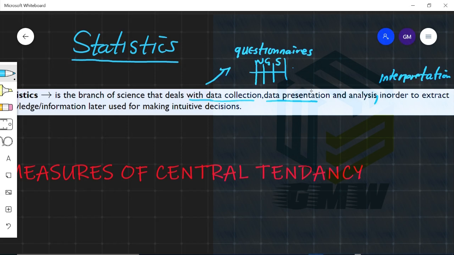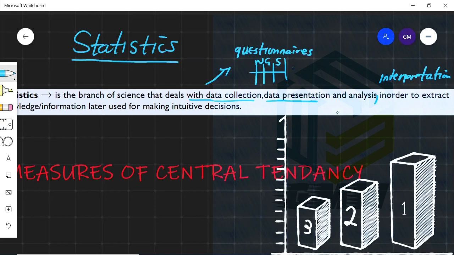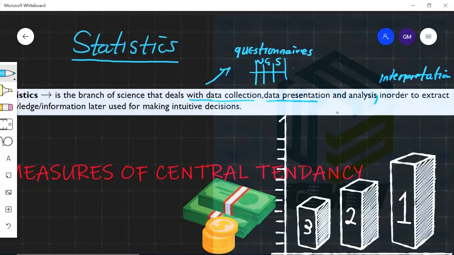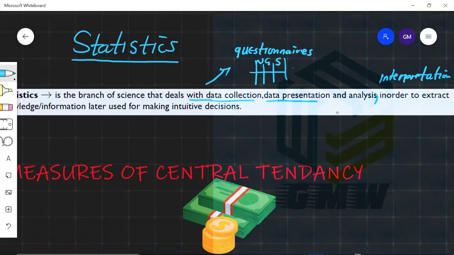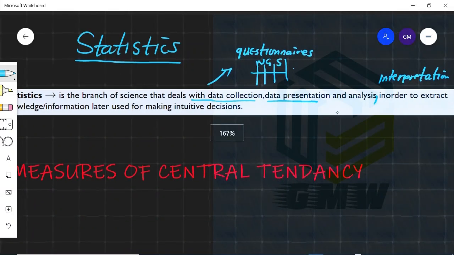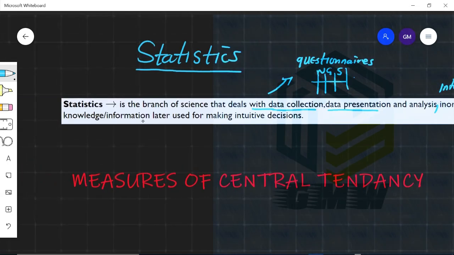On interpretation, that's where you might find someone saying, you know what? From this data, it seems we have many males who respond to our questions, and many of them have their salaries above 50,000. After learning something like that, remember, we want to get knowledge or information, right? We have picked that we have many males, then that they have their salaries above 50,000.